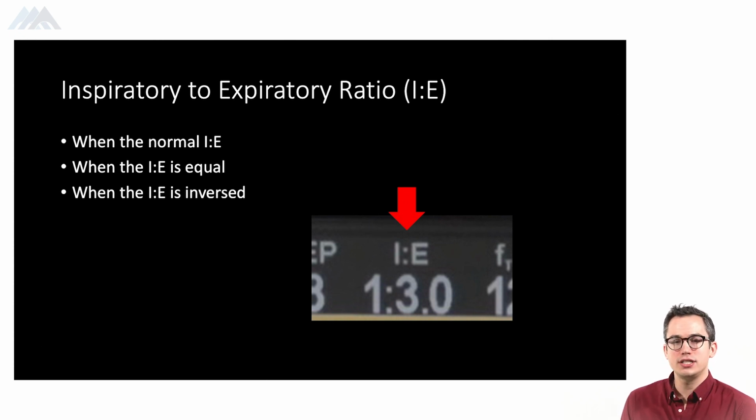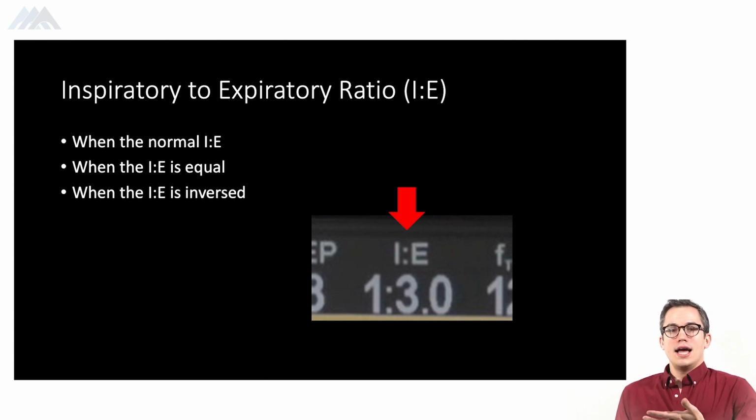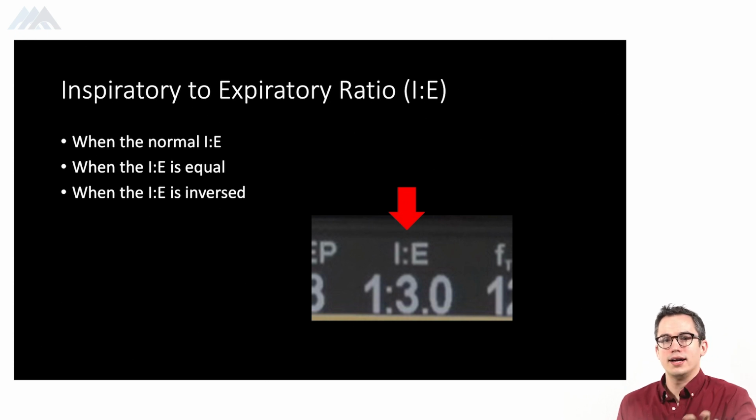And for some patients, we even will inverse the I to E, inspiratory-expiratory ratio, because they are having such difficulty oxygenating that we're going to inhale for twice as long as we do exhale. And then we take another breath in, exhale, take another breath in, and that's all allowing for more oxygen to stay in those alveolar units to hopefully diffuse across to systemic circulation.